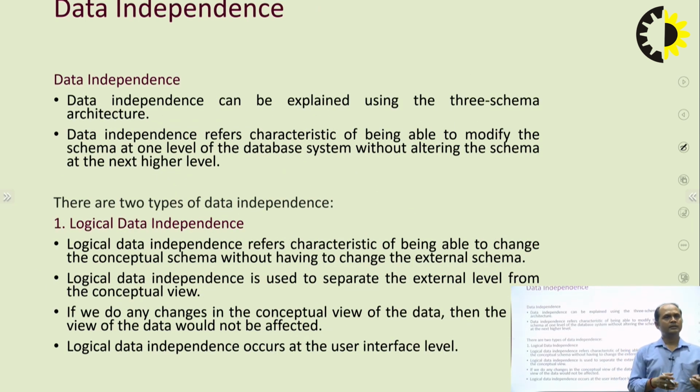After the data model, data schema and instances, we discuss data independence. There are three types of architecture that we have discussed: 1 tier, 2 tier and 3 tier. In these architectures, data must be explained by using these schemas.